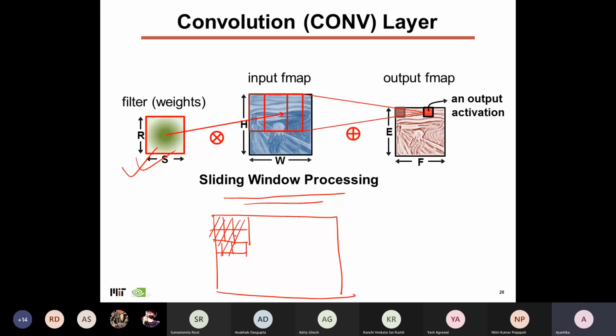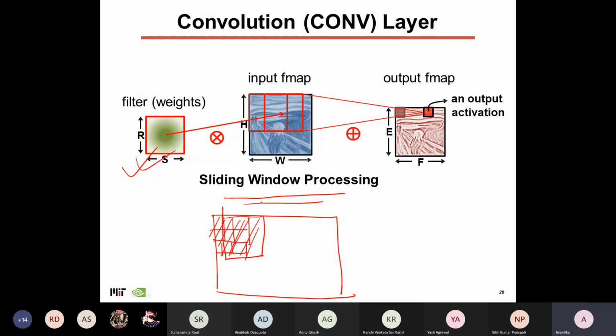Once done, you are sliding that filter, and you are again multiplying your filter values with the next 3 cross 3 submatrix. This way you are sliding and covering the whole input matrix.